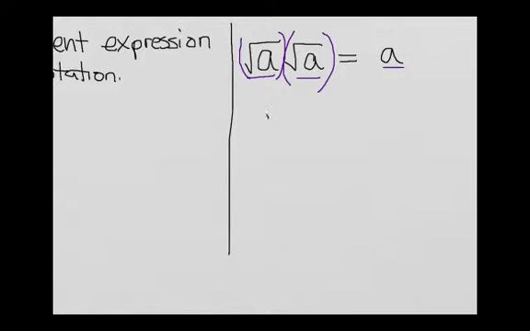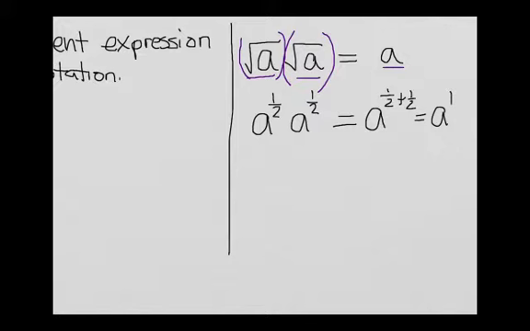But also, if we think about the rules of exponents, if I had a to the 1/2 power times a to the 1/2 power, when we're multiplying the same bases, we can simplify by adding the exponents. So that would be a to the 1/2 plus 1/2, and that would be a to the 1 power, or simply a.